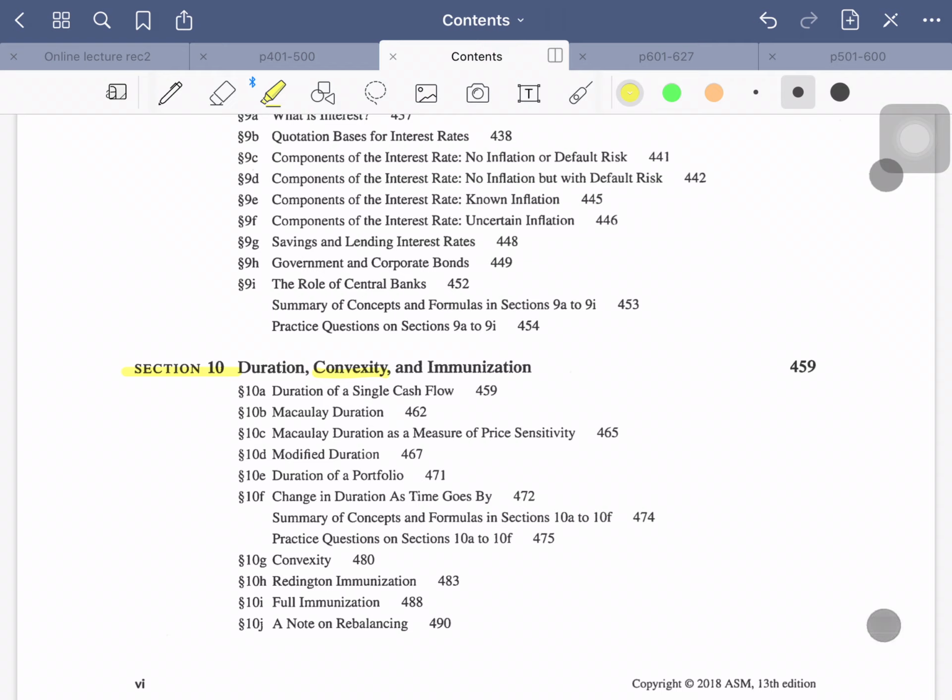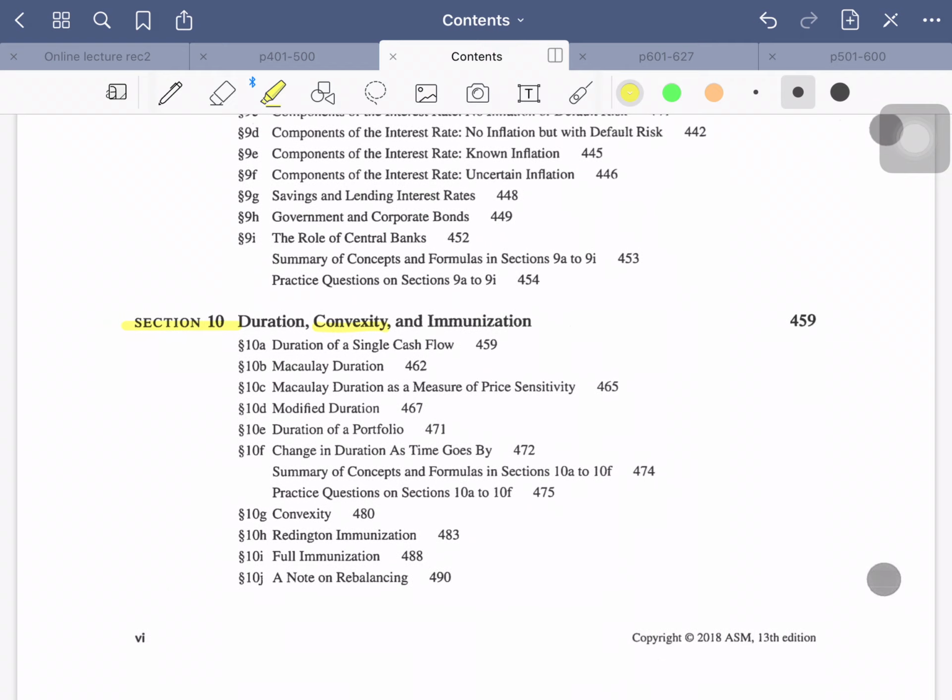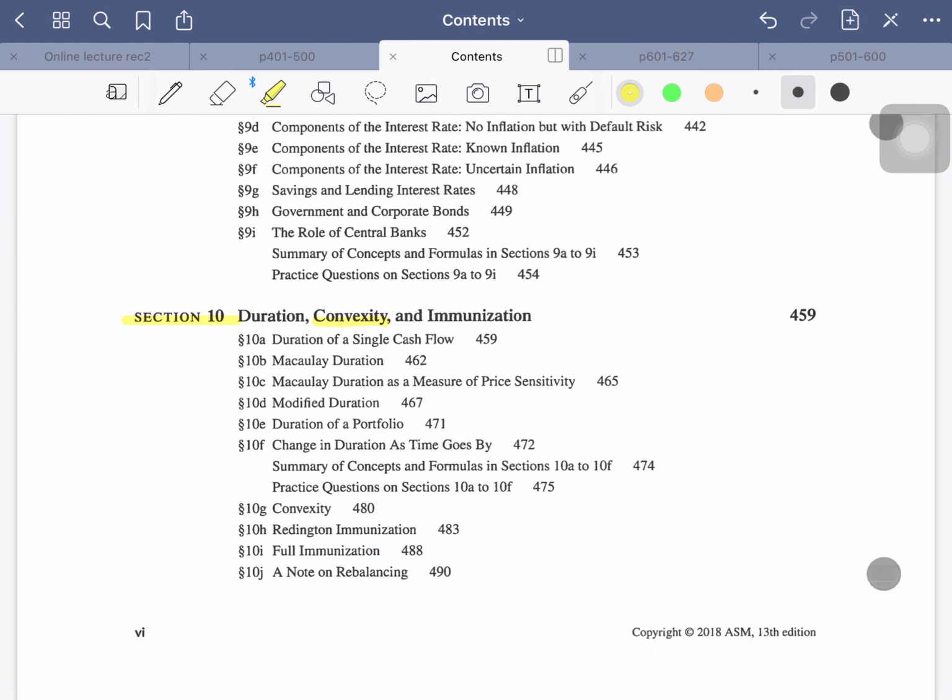If you use the quadratic term, we have a more accurate approximation. So that is convexity. Immunization is basically that we want to hedge risk caused by bonds. So that is chapter 10.